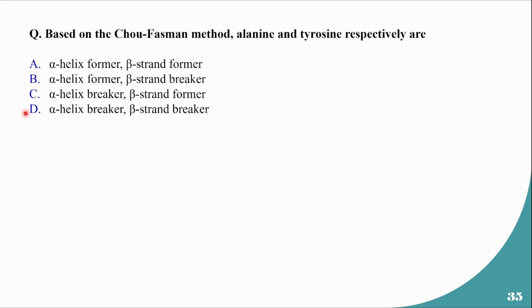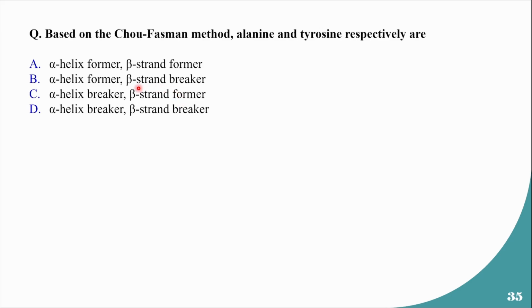Here basically it is trying to say that alpha helix former will mean that at alpha helices that residue will have a very high propensity, right? And then beta strand former: at beta strands, that particular type of residue will have very high propensity.